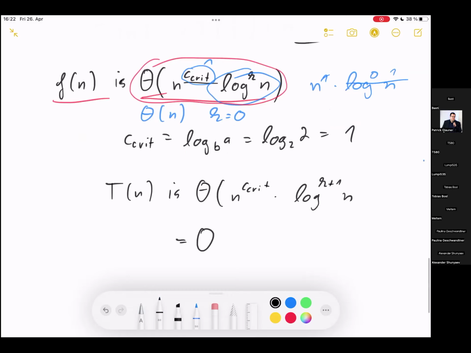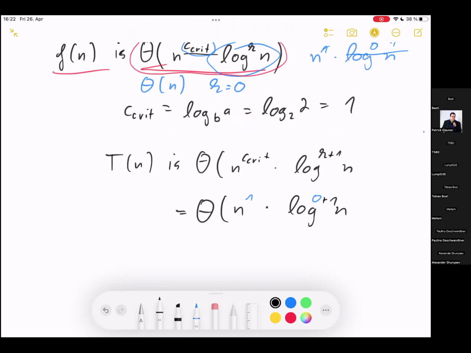We just plug in our C critical and k from before. So it's n to the power of 1 times log n, k was 0 plus 1, so it's just raised to the power of 1. So this is just theta of n log n. And we're done.